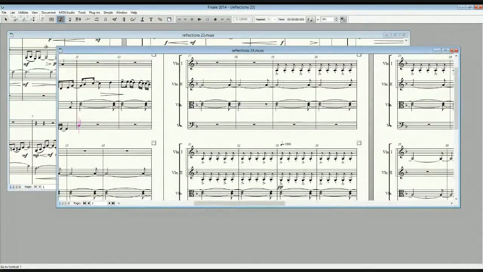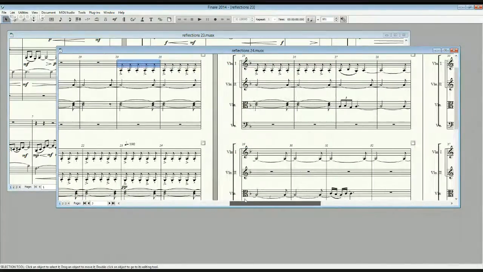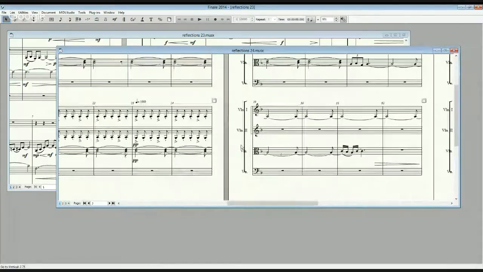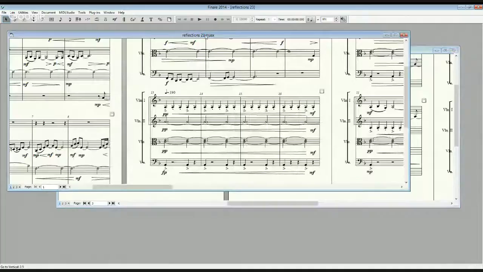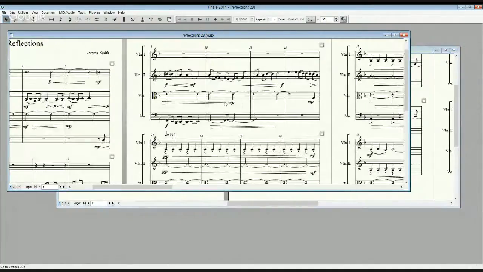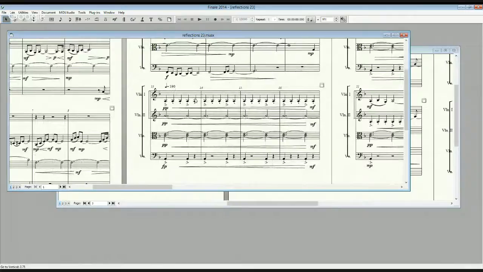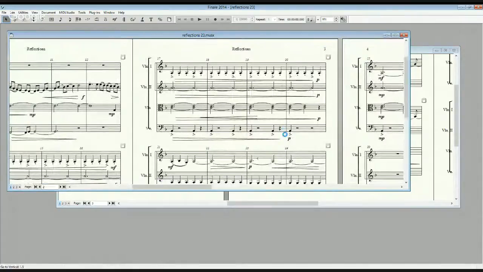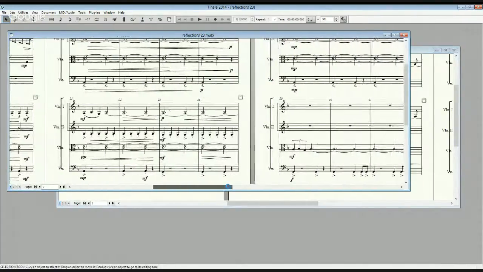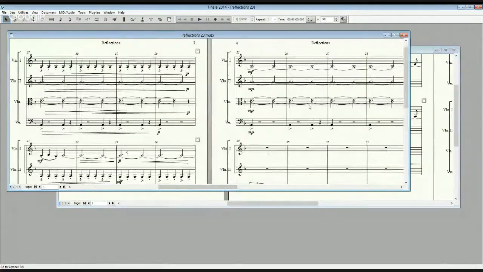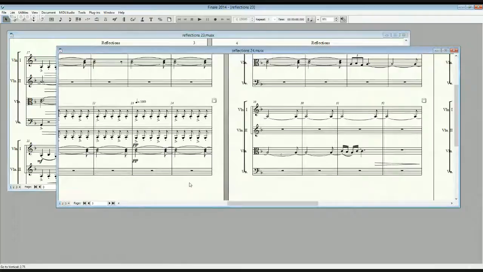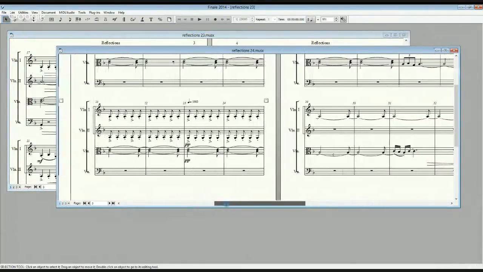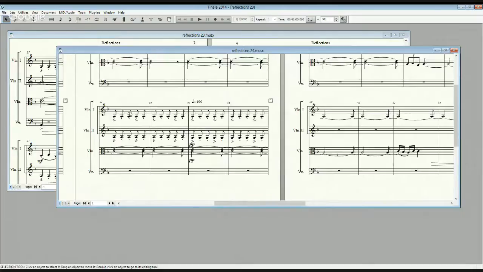I don't understand. So 8 measures. This. Ooh, what is that?